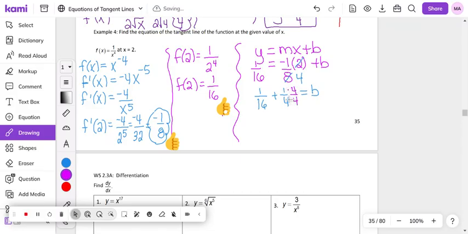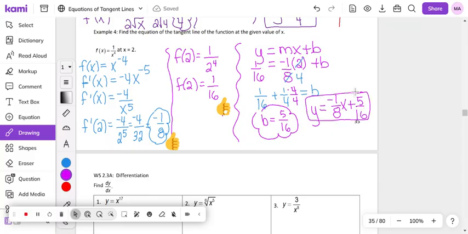So we have 4/16 plus 1/16, so our b value is 5/16. So the equation for our tangent line is y equals negative 1/8 x plus 5/16.